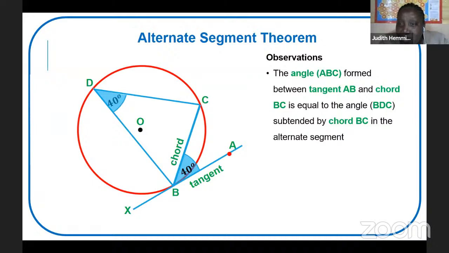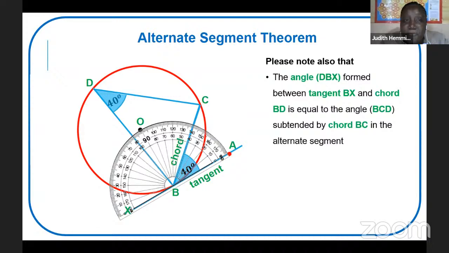Angles on the same chord at the circumference are congruent. Yes. So the angle that is formed between the tangent and that chord and the angle that is formed at the circumference, they're congruent or they are equal. Very good observation. Would you be able to find another pair of angles that are congruent in this same case?